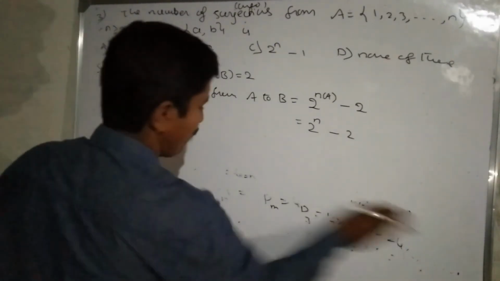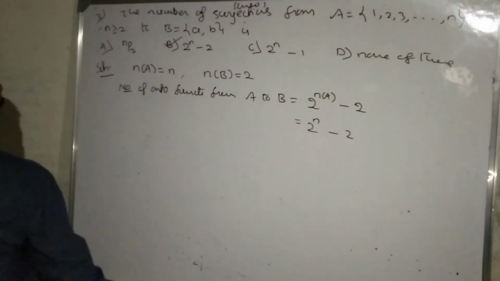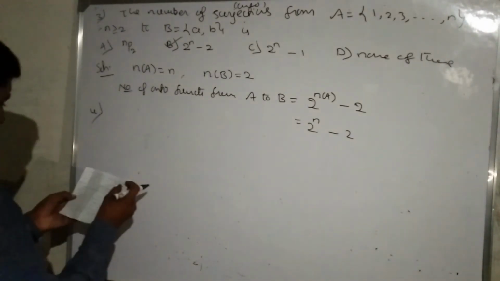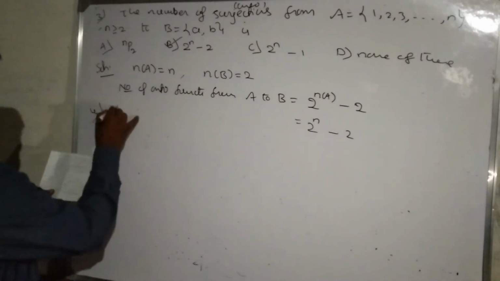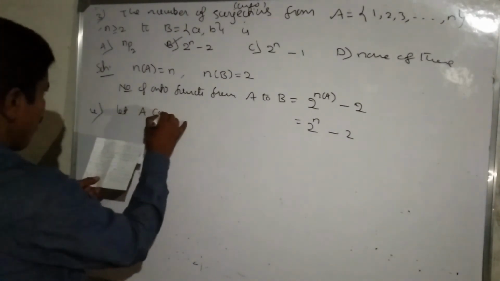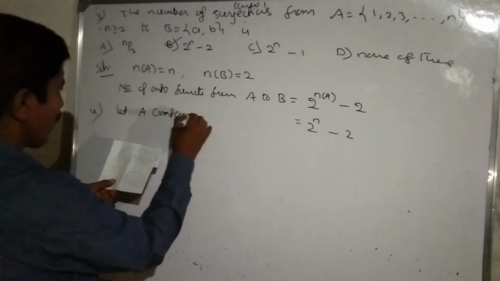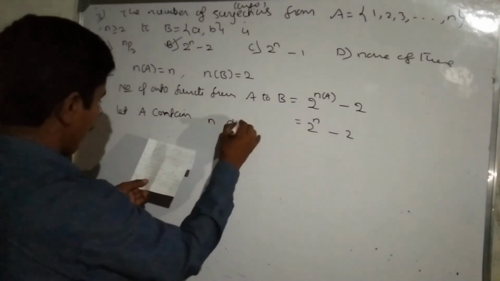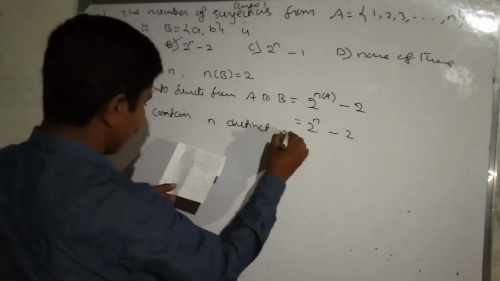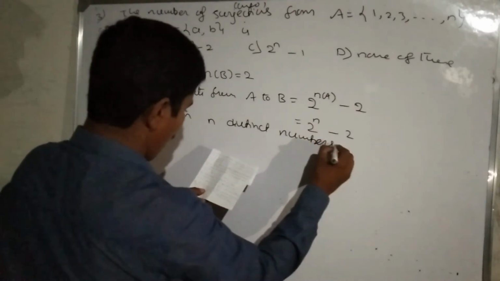So next, fourth problem. Let set A contain n distinct numbers.